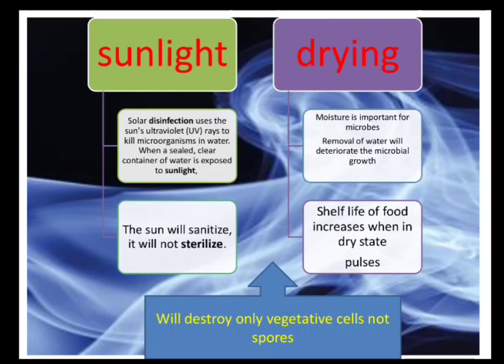Drying is elimination of the major part of the water content of that particular substance. By drying, you would not allow the microorganisms to proliferate, to multiply, to carry out their metabolic activities.